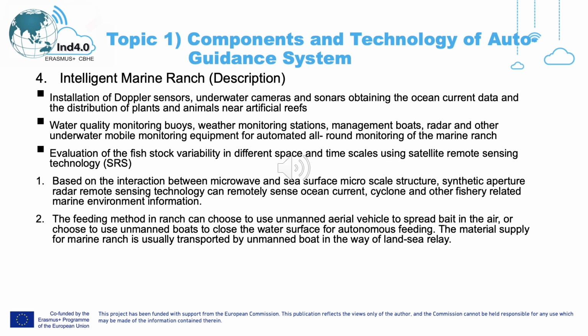The range then uses water quality monitoring buoys, weather monitoring stations, management boats, radar, and other underwater mobile monitoring equipment to provide the automated all-round monitoring of the marine range. According to George 2014, using satellite remote sensing technology, SRS, marine ranges can evaluate the fish stock variability in different space and time scales.